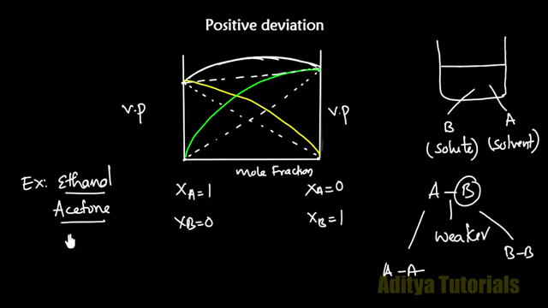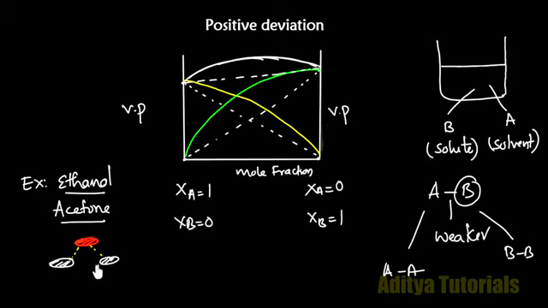The acetone molecule interferes with the hydrogen-bonded ethanol. So assume that here two ethanol molecules are there, and here one acetone molecule is there. This acetone molecule interferes between the two attractions. Here there is already a hydrogen bond, but this acetone breaks that attraction and forms a new attraction here.